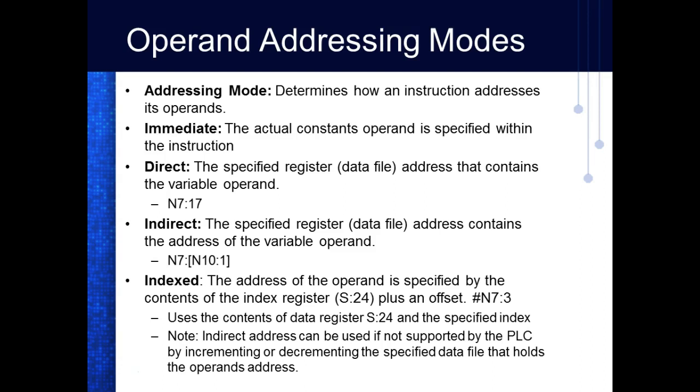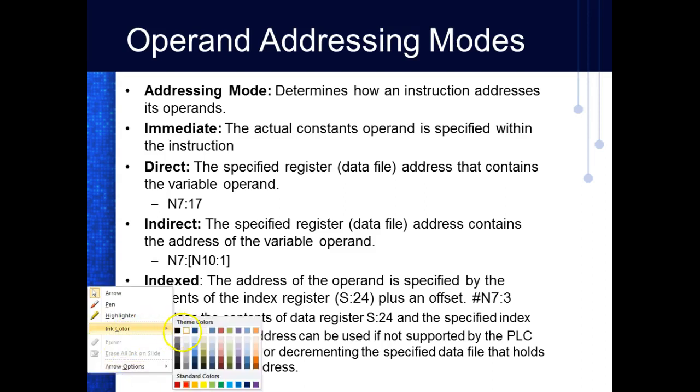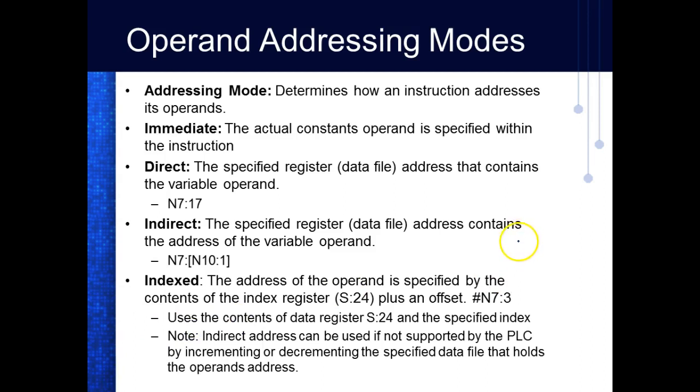Let's say we're looking at this instruction right here, and my index register, which would be S24, has 32 in it. How did it get in there? You can load that register with anything you want to, right?